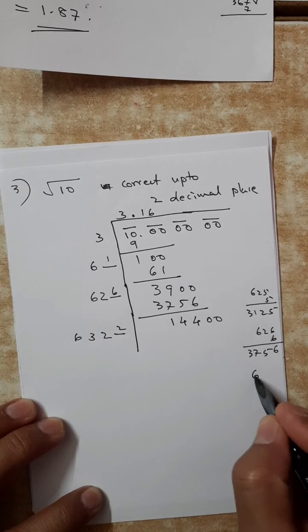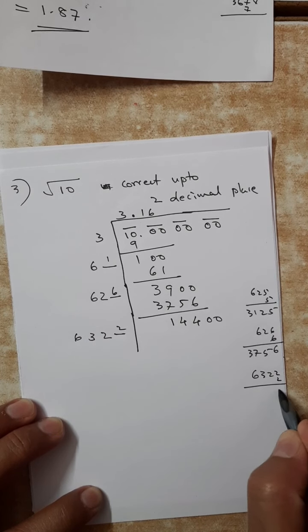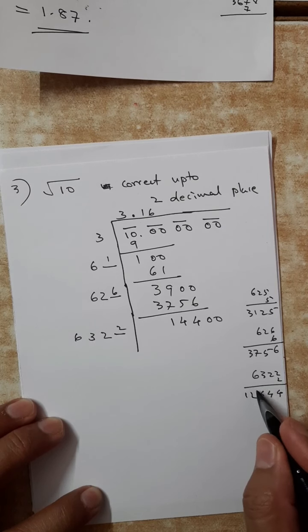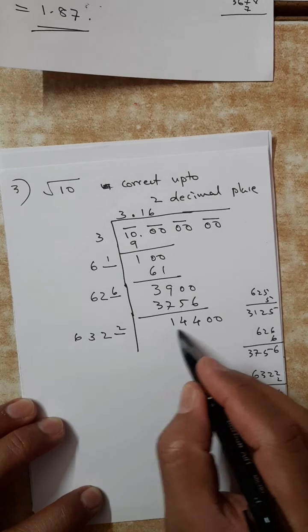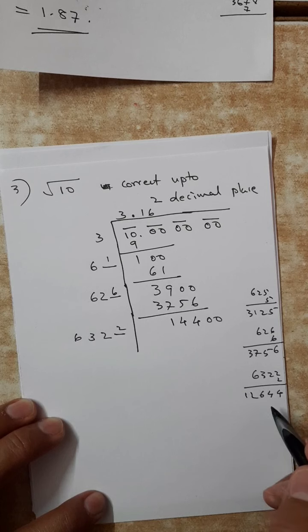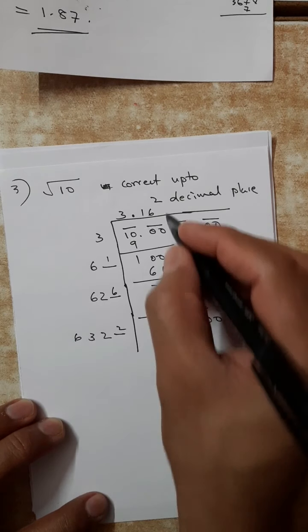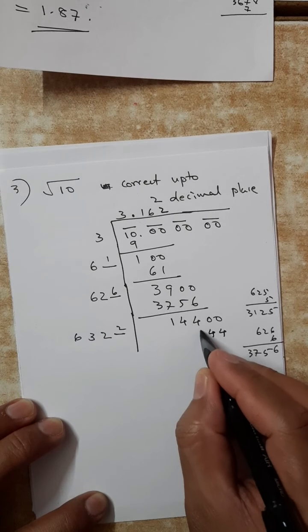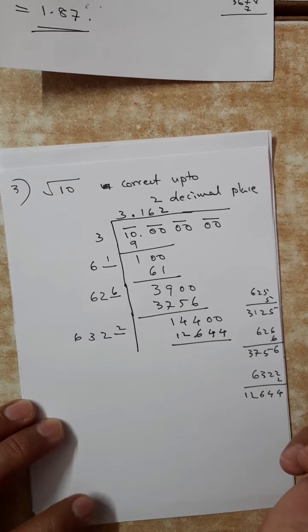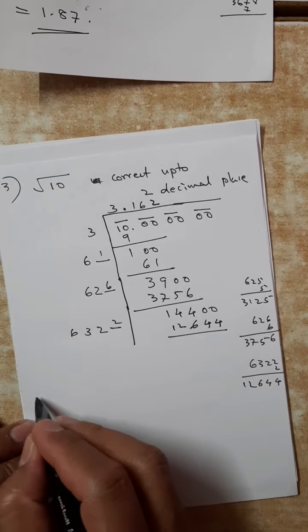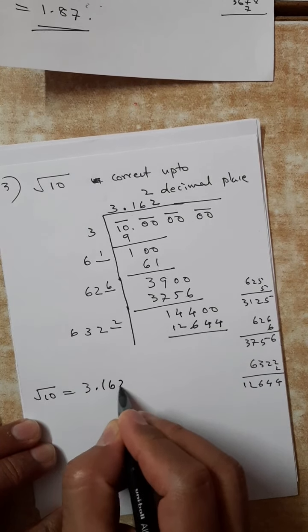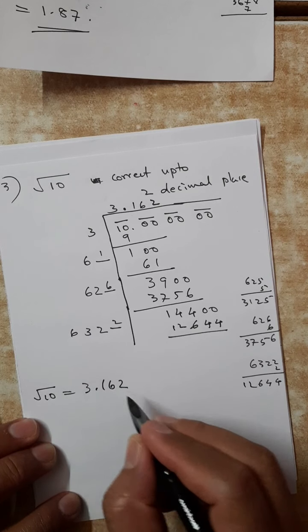Try with the 2: 6 3 2, 2 into 2. 3 means 3 6s are 18. 18 is not there, I have only 14 here, so 3 will not go. 2 will go. But it is enough. So the square root of 10 is the same as 3.162. That is up to 3 decimal places.